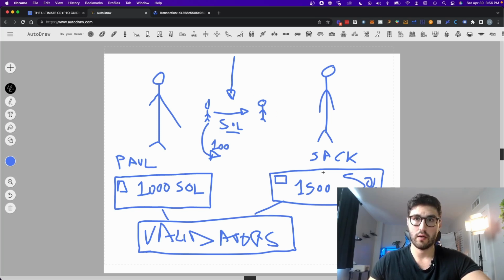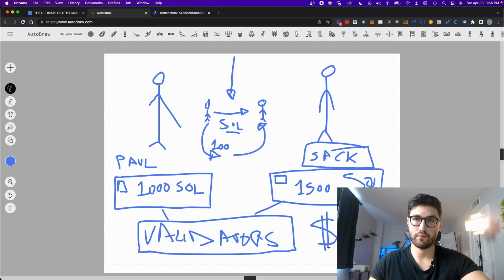And once the validator confirms that the transaction takes place, this other person right here receives the 100 Solana, and Jack, who validated the transaction, gets a reward. Okay?